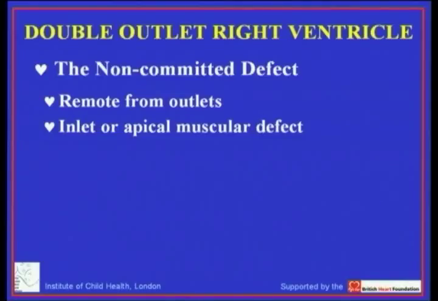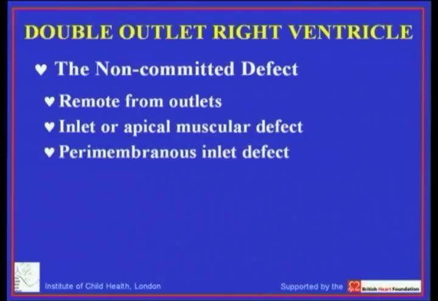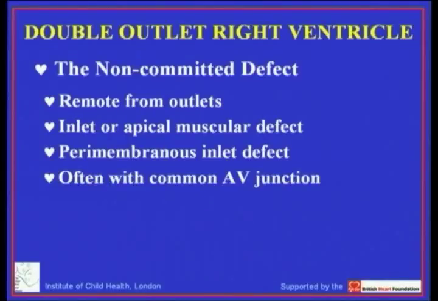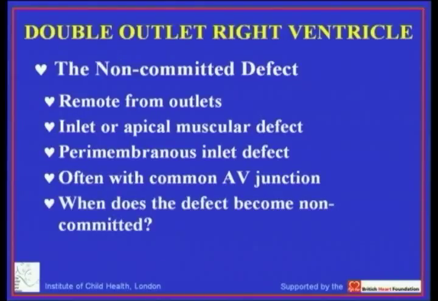So in essence, we are talking about those cases that either have inlet or apical muscular defects, or alternatively perimembranous defects extending so as to open primarily to the inlet of the right ventricle. And these are the cases that are often seen with common atrioventricular junction, so coexisting atrioventricular septal defect.